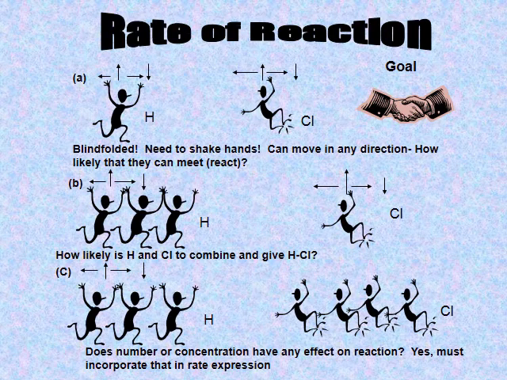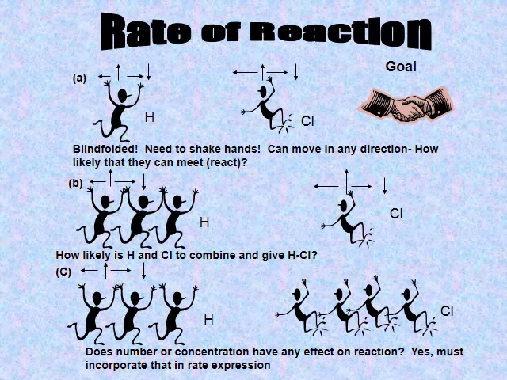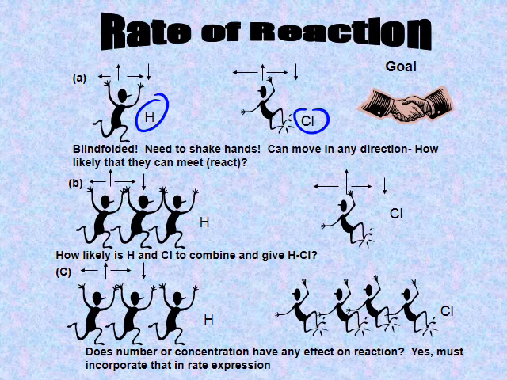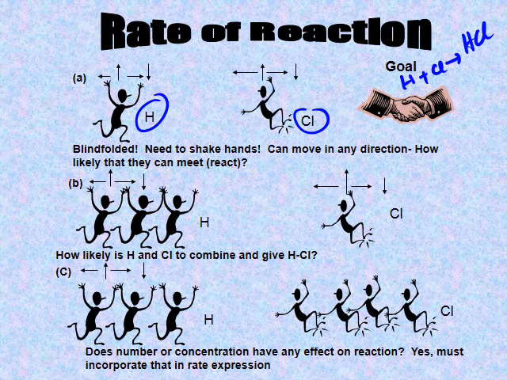Now, rate of reaction also depends upon how many of those reactants are present. Let's assume that in one container I have H and Cl, and that the product is HCl. In other words, H plus Cl; I selected this atomic reaction just as a simple example.